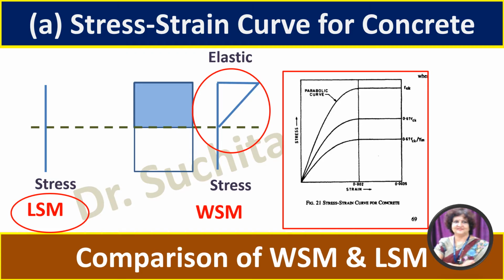So if you refer to your IS code page number 69, the curve is given on page number 69 of IS 456. It looks like this. The top portion is rectangular, whereas the bottom portion is non-linear. This is the elastoplastic behavior of the concrete.